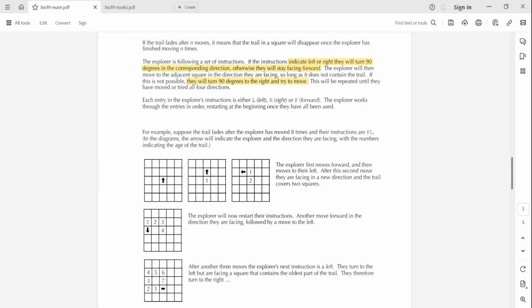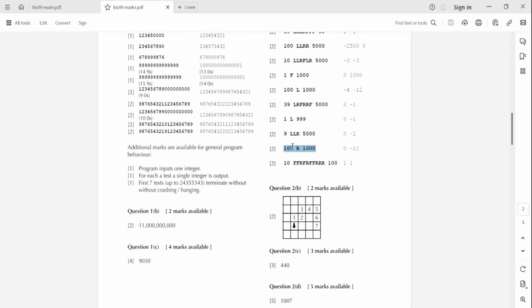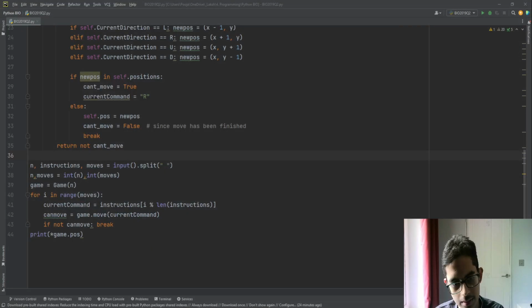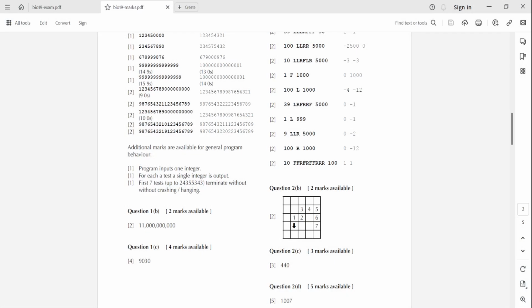Now let's just test our code on the sample test cases. Maybe let's test on this one. Okay, so we got 0, 12, minus 12 as the output. And if we go back to the question, we can see that that is indeed correct. And then if we finally just test on the last test case as well.